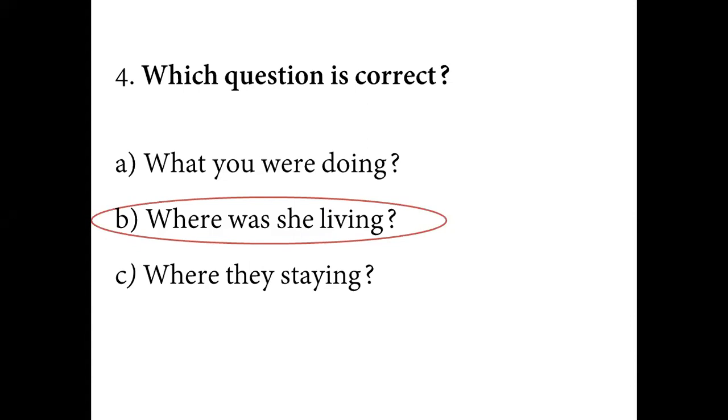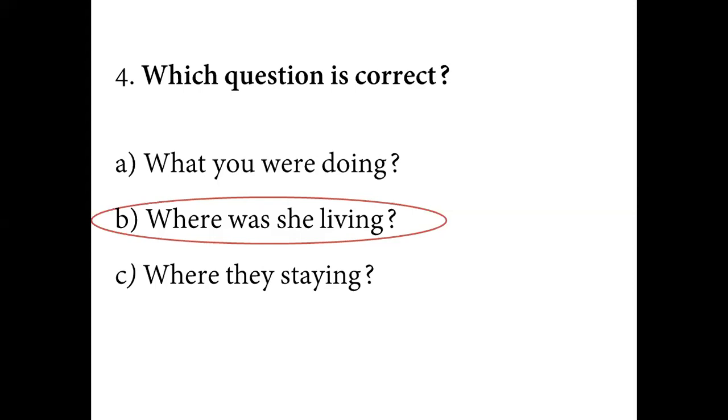Because concerning the question 4 or the interrogative 4, I should start with the WH question word where first, then the verb was, then the pronoun, then the verb ing. Where was she living? What was she doing?